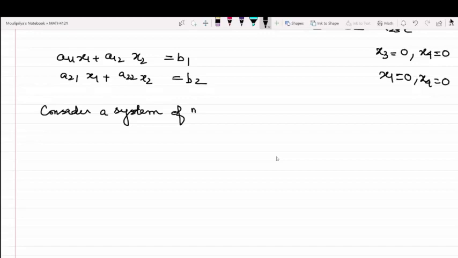Number of non-zero rows in the matrix. Number of non-zero rows, yes. In an echelon matrix. Very good. How did we form the echelon matrix? By augmenting the left side and right side.